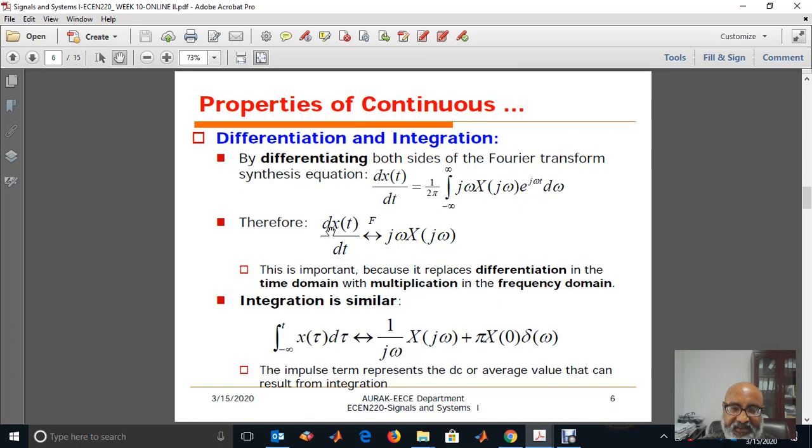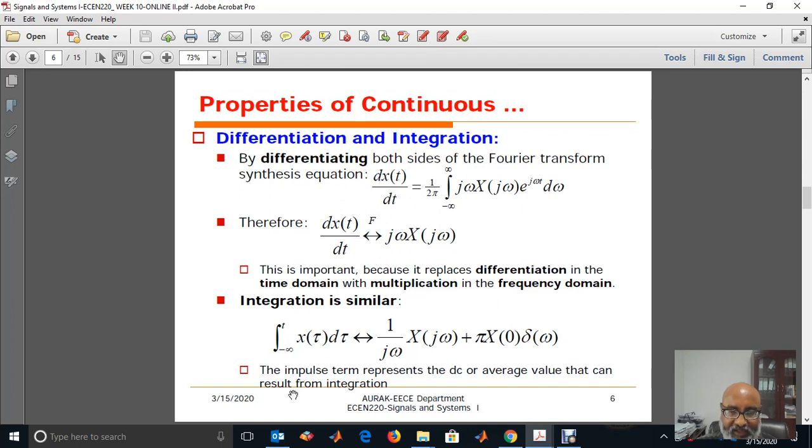So if I have the first derivative of the signal, it will become j omega multiplied by X(j omega). If I have the second derivative, it will become (j omega) squared times X(j omega). This is the derivative property, the differentiation property.